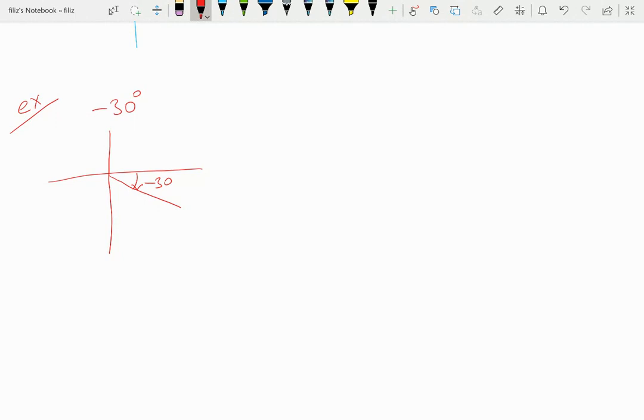Okay, so I should show it with this green part. If I take 30 degrees out of 360 degrees, I will get this green part, right?